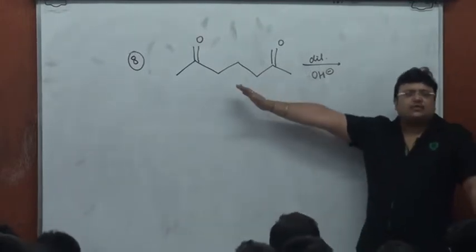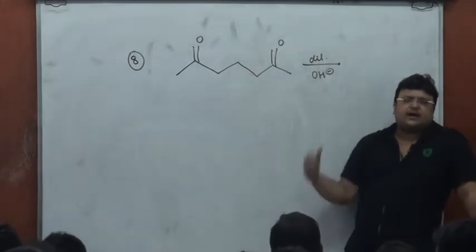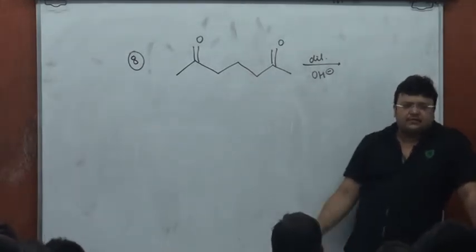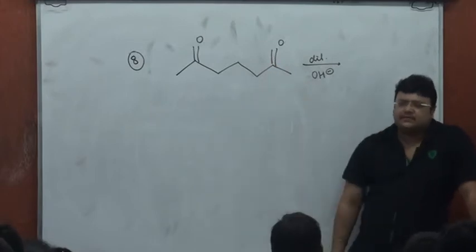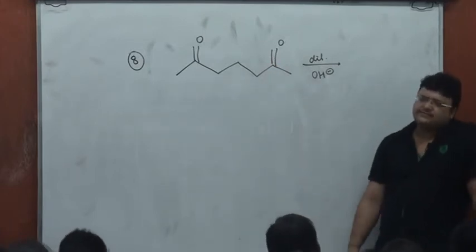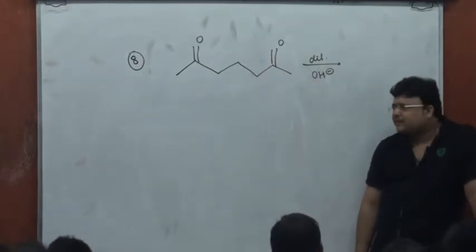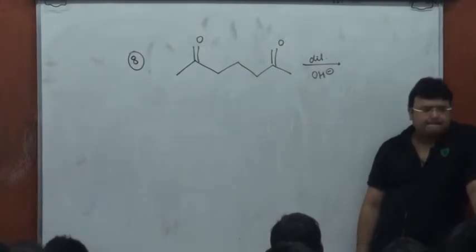One half of the molecule could lose alpha hydrogen, the other half could act as the acceptor. It's going to lead to a ring formation. Now, how many products are possible? 1 or 2?